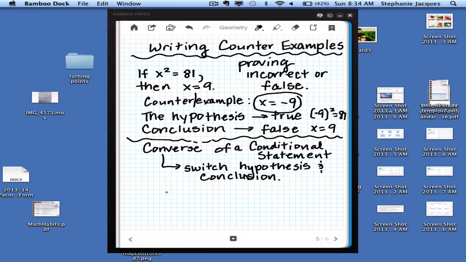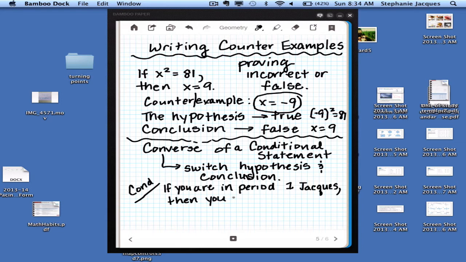So in the statement that I'm going to provide, we're going to start with the conditional. So go ahead and write just C-O-N-D. So if you are in period 1, Jake's, then you are learning math.